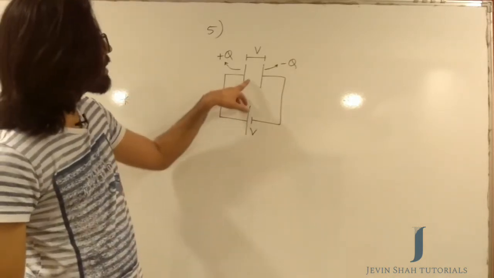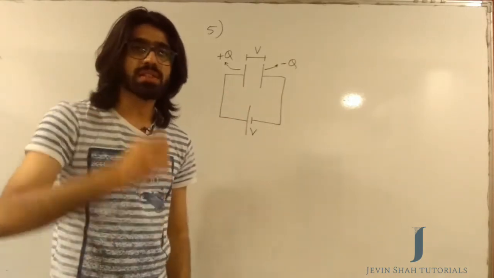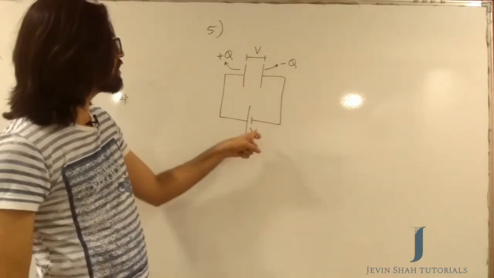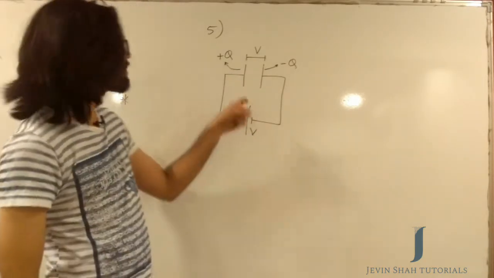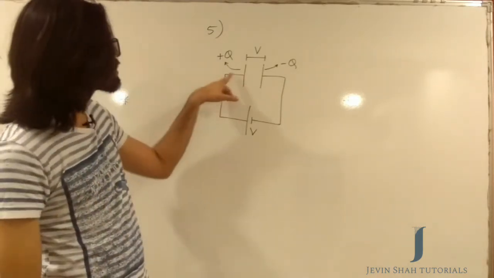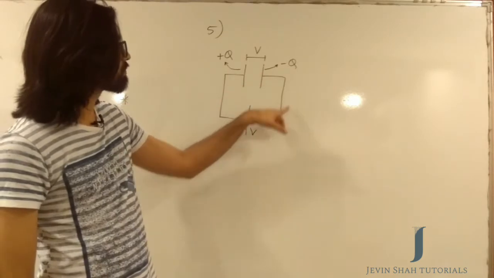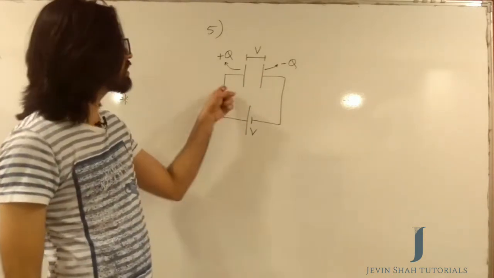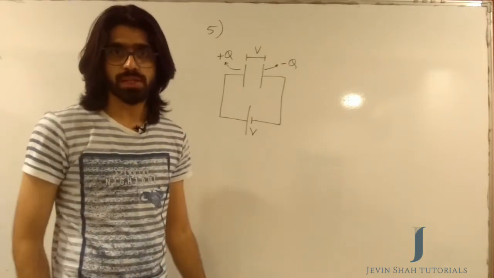Whenever you connect a capacitor across a battery, the capacitor instantaneously charges itself with a potential difference equal to the EMF of the battery. The charges get developed instantaneously as long as there is no resistance in the circuit here. Okay, so let's consider the case of a resistance being in the circuit, but we'll look at the equation a little while later.